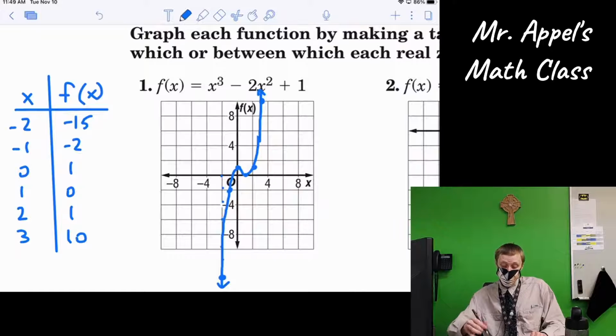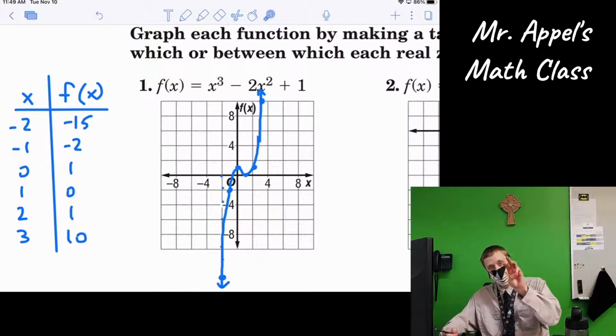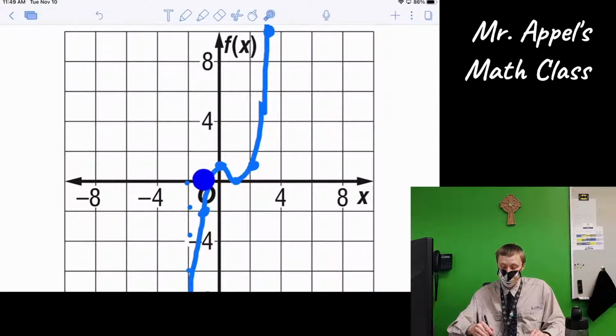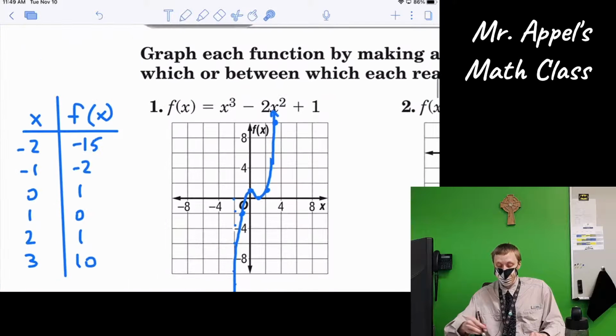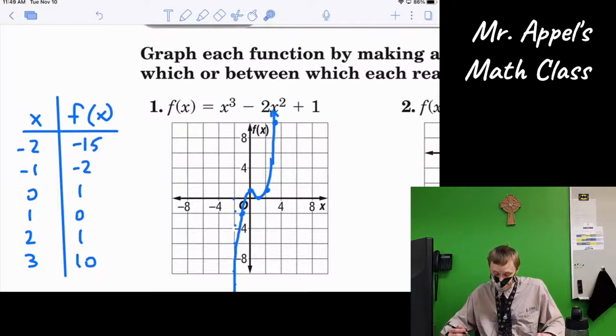And this makes the most sense to me because it's a cubic function. We would expect 3 zeros. We have one of them appearing right in there somewhere, and we've got 2 of them as it bounces off the axis. That's a double root there at 1, 0. So that would be all 3 of ours, right?